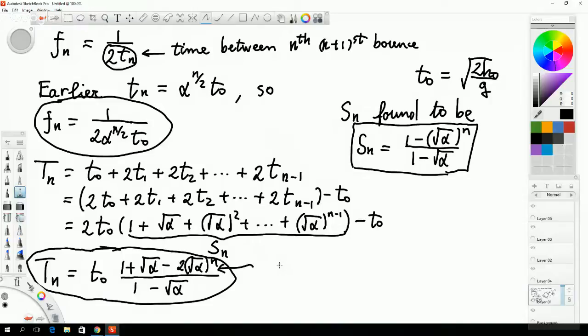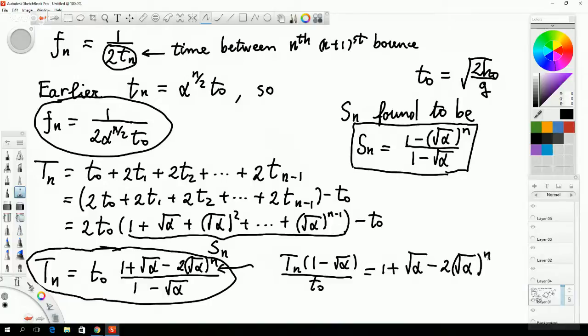So rearranging things a bit, Tn over T0 equals 1 plus square root of alpha minus 2 square root of alpha to the n, and finally 2 square root of alpha to the n, which is obviously nothing but alpha to the n over 2, equals 1 plus square root of alpha minus 1 minus square root of alpha Tn over T0.